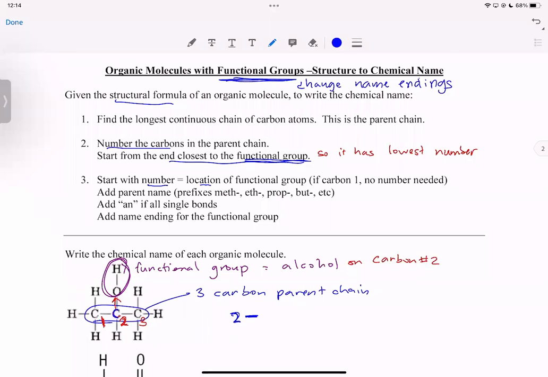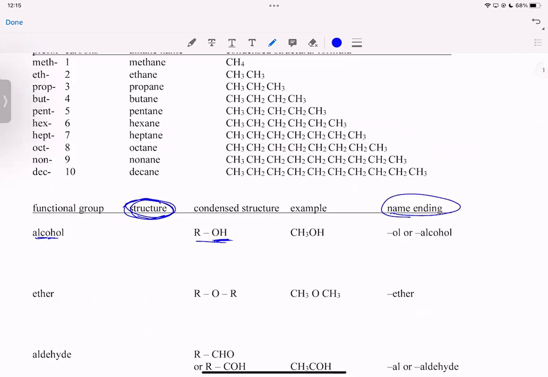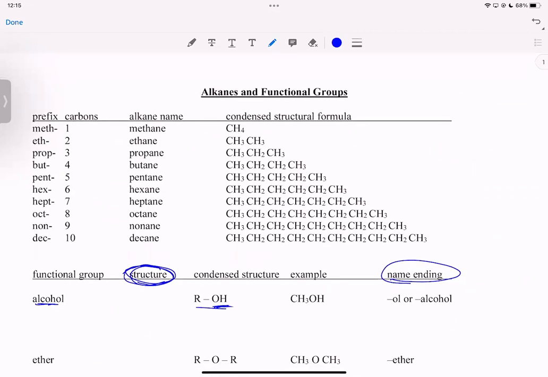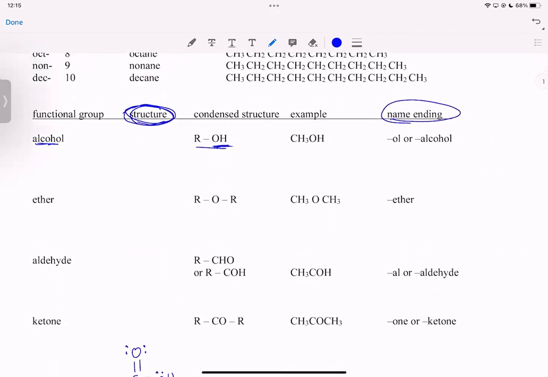Adding a dash to that parent name, and the parent name is based on how many carbons there are in there. If there's 3 carbons in the parent chain, this would be called propane. And so remember, you can use these for the 3 carbons, that's the propane. So remember to use this, the alkane family prefixes.